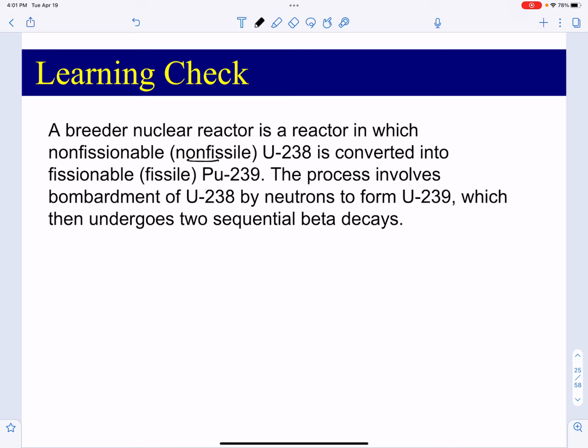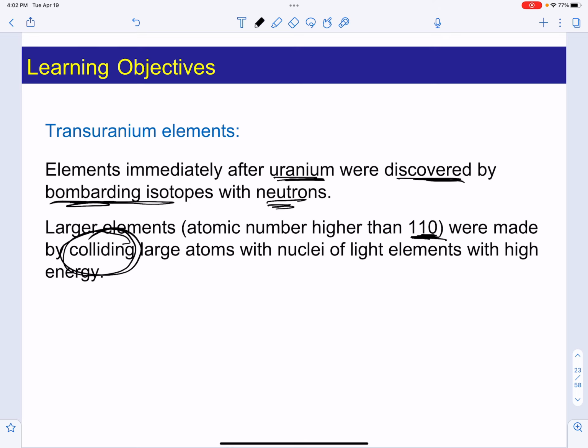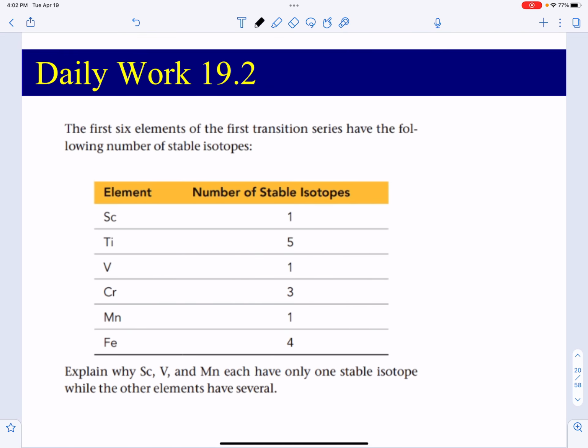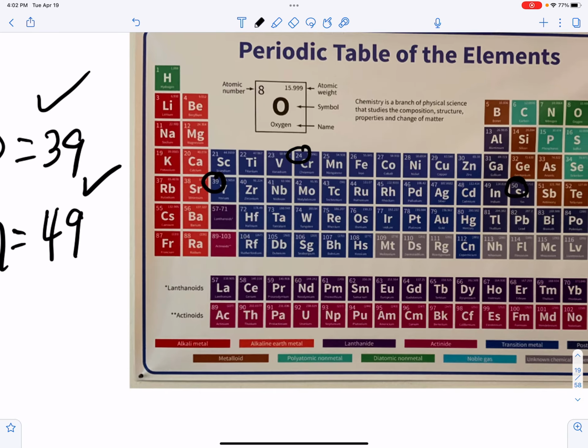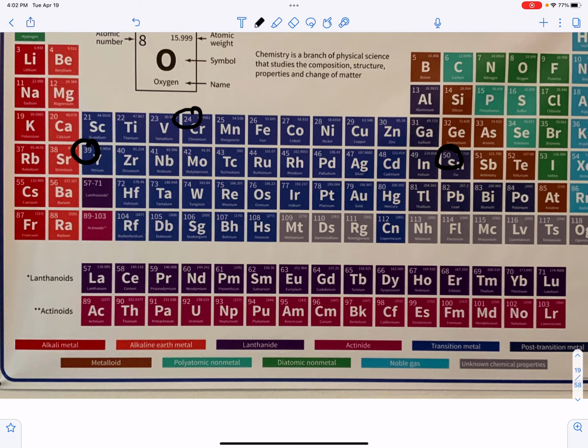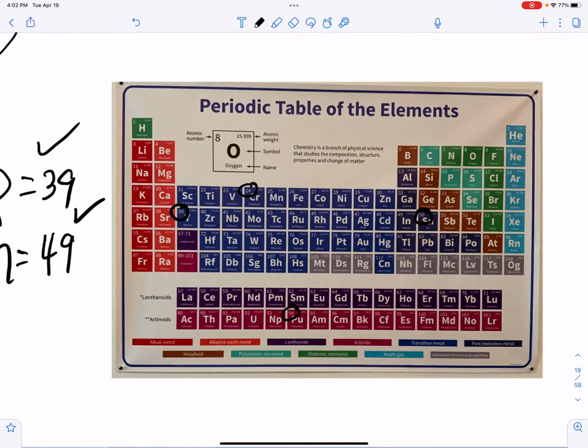So what we're saying is that we're going to take uranium-238, atomic number 92, and we're going to make it into plutonium-239. Let me go find the atomic number for plutonium. So that's going to be number 94.